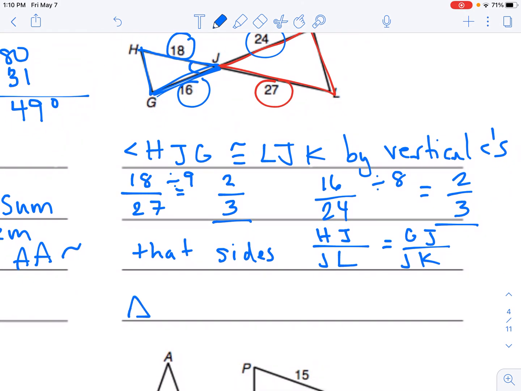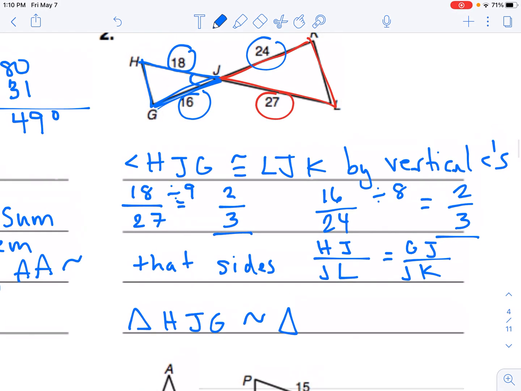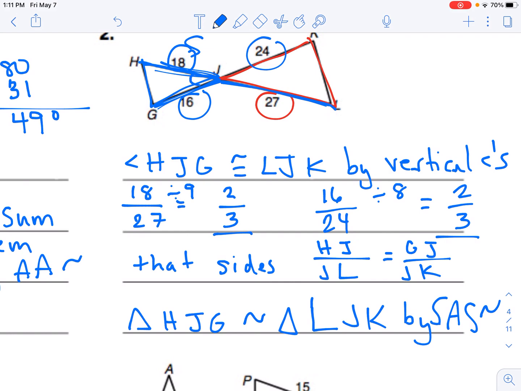So triangle HJG is similar to triangle. So we have to be careful. What would we match HJ with? We said HJ matched with this one. So LJK by side-angle-side similarity.